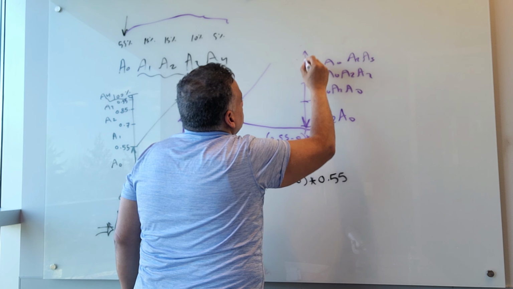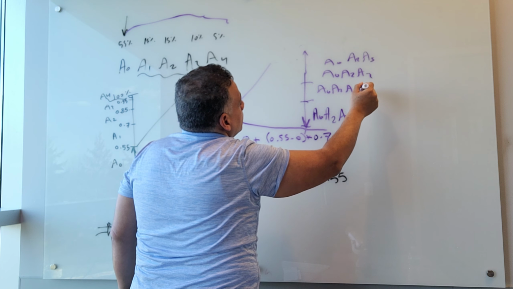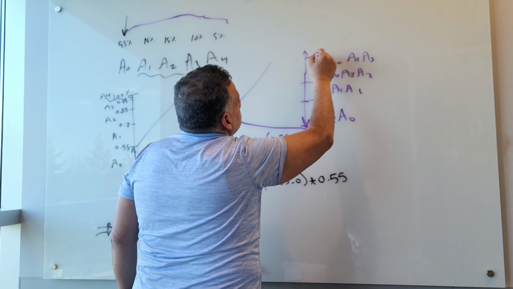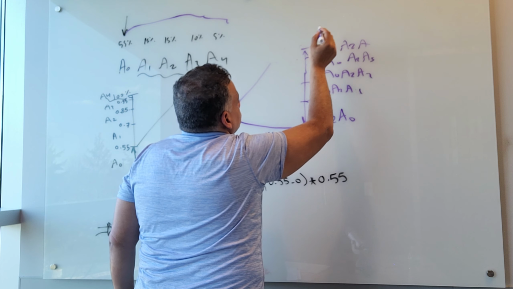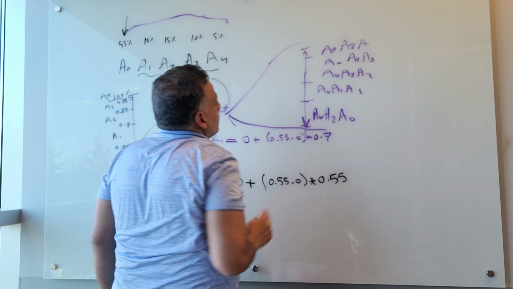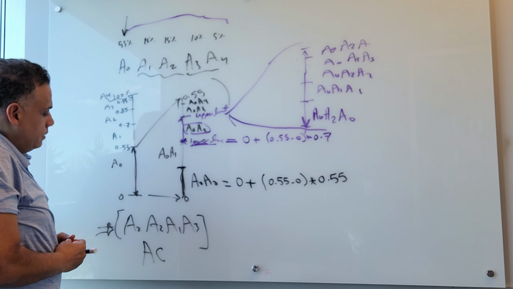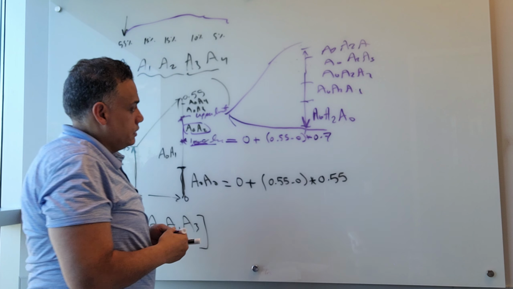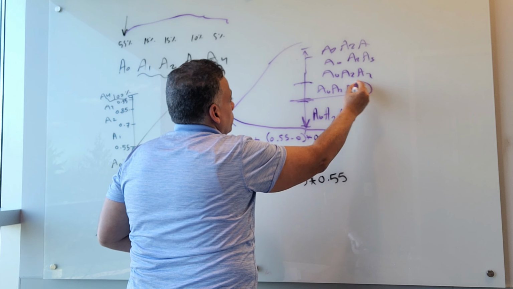Let me make this a little bit taller. Apologies for the horrible drawing. So we end up with A0, A2, A1. This is the interval we're interested in.